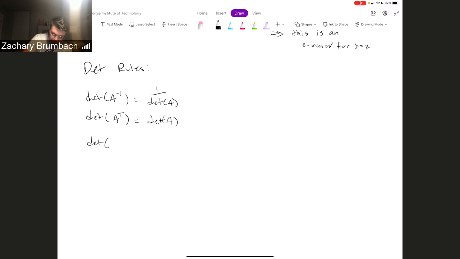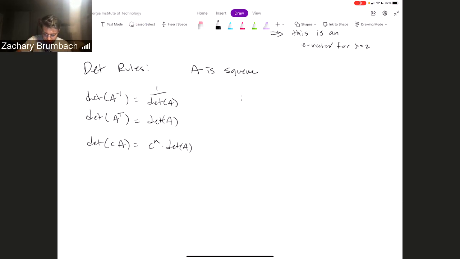So the determinant of some number C times A is equal to C to the number of rows times the determinant of A. A has to be square to compute a determinant. That's just a fact. So these are some rules about it.